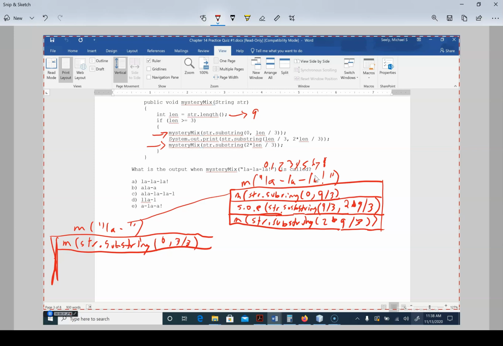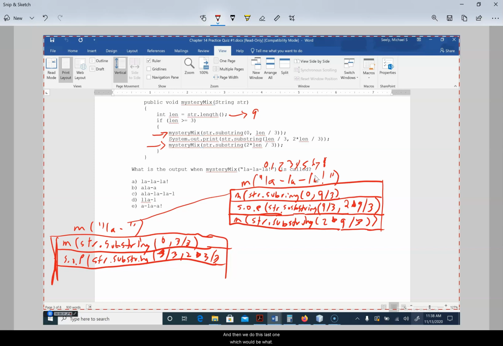Then we do our System.out.println, and then what is it? str.substring, length is 3 divided by 3, comma, 2 times 3 divided by 3.